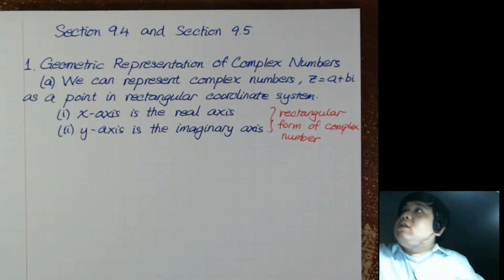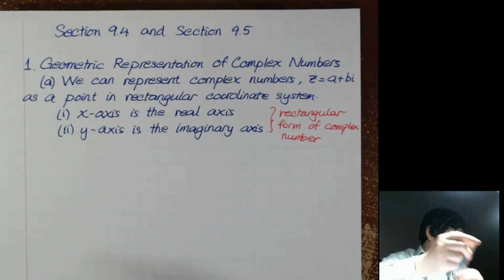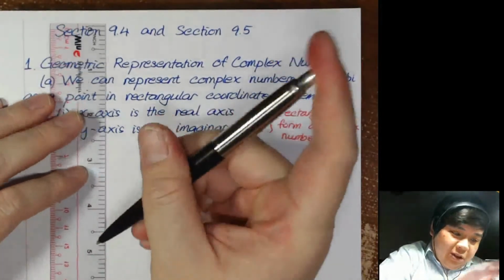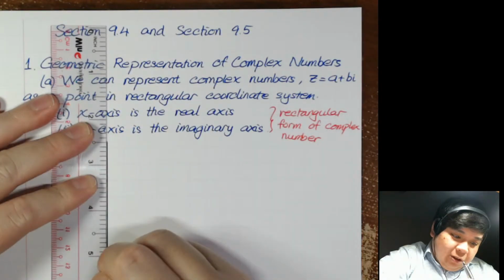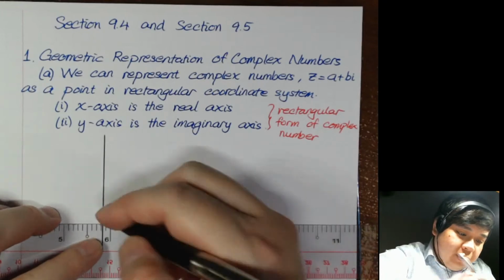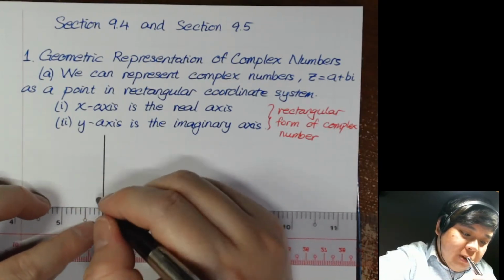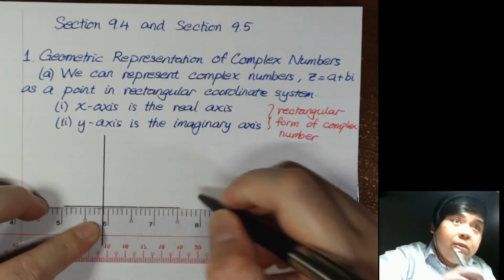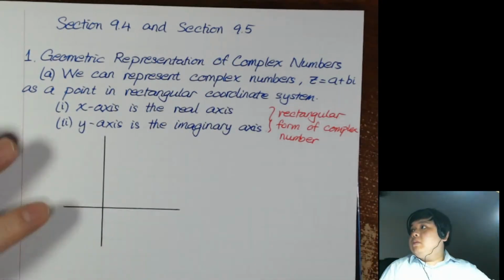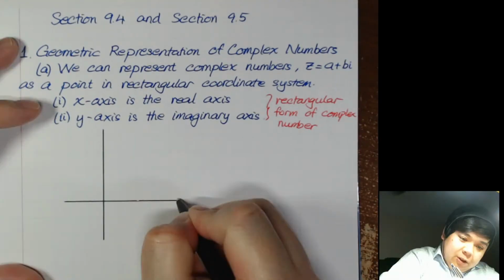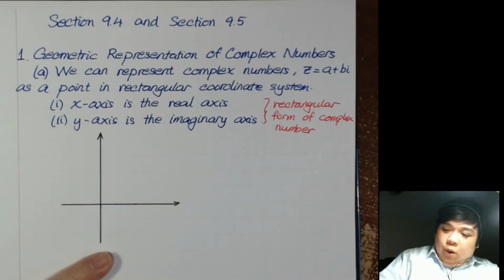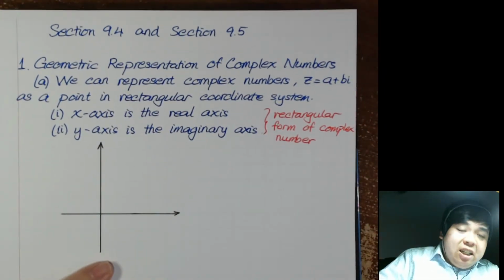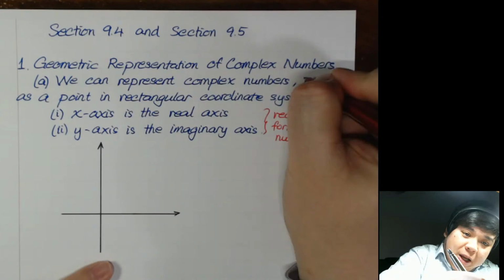So let me draw that. For example, we have the complex number z, a plus bi.